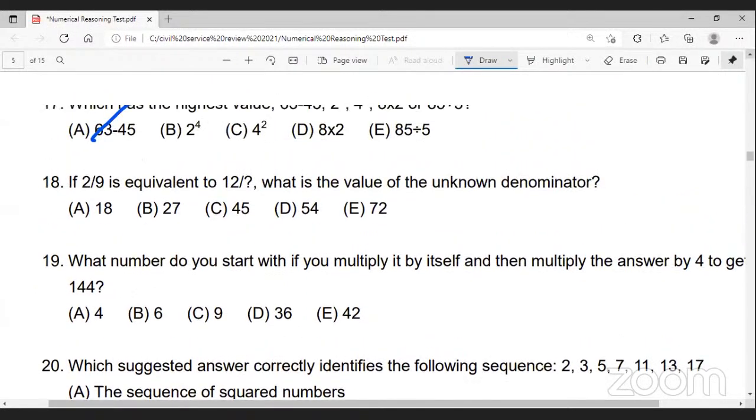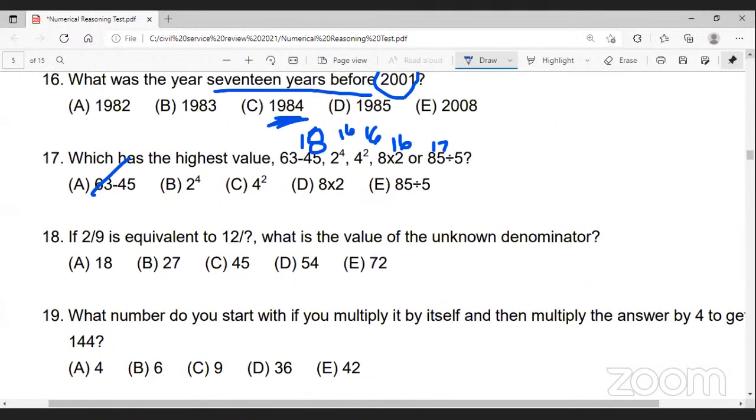18. If 2 ninths is equivalent to 12 over what number? Miss Anne?